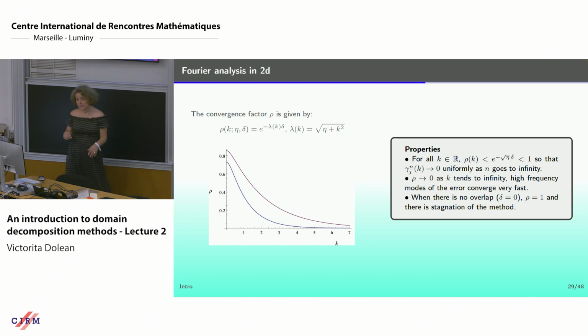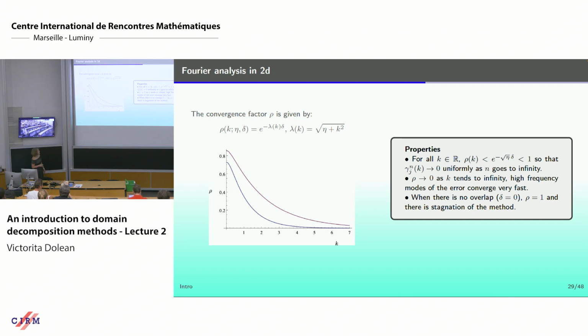In the last years, Martin and other people have also developed similar techniques for bounded domains with Fourier series, but the principle is exactly the same. If you look here, this is the convergence factor depending on the frequency. You see that the higher the frequency, the faster, I mean, the closer to 0.